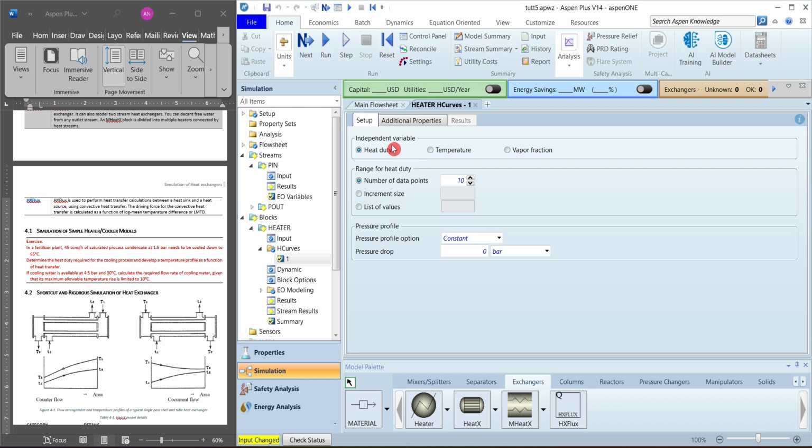We have the independent variable of duty or temperature, so you can place either of the two. Let's change the temperature. One limit is 111.3 and the other one is 65, and let's interpolate between the two temperature limits. You can select any number of data points. Nothing else is required for the specification, and you can run the simulation with this.